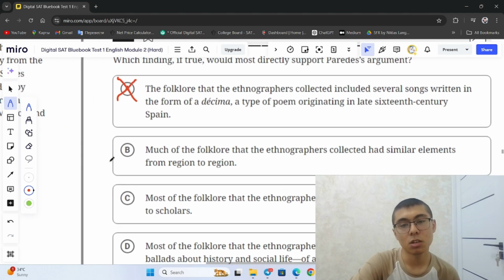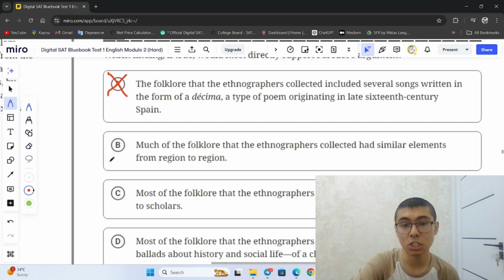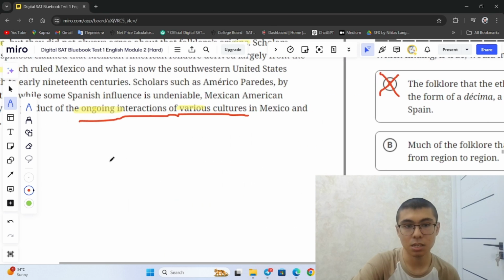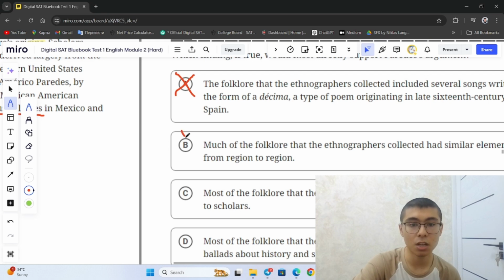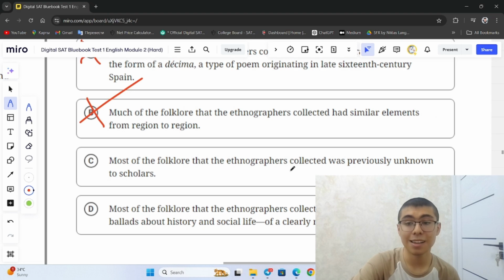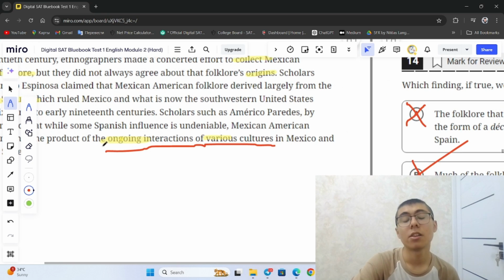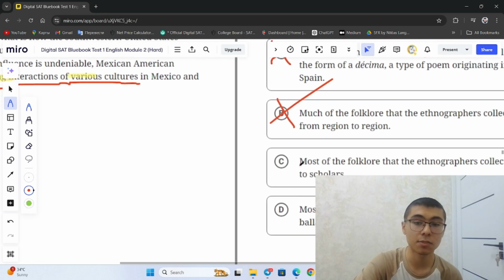B: much of the folklore that they collected had similar elements from region to region. Are they saying similar? No. There are various cultures, right? So B is wrong because it's literally telling the opposite. C: most of the folklore that they collected was previously unknown to scholars. It's not supporting it. It has to support the ongoing interactions of various cultures. So C is wrong.